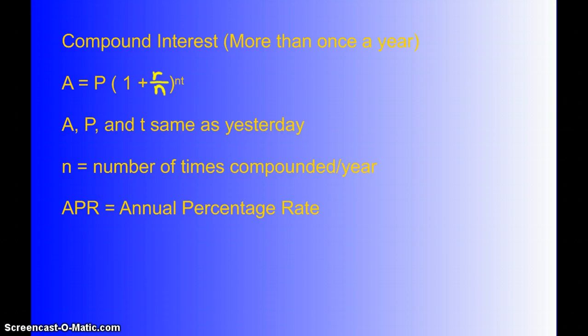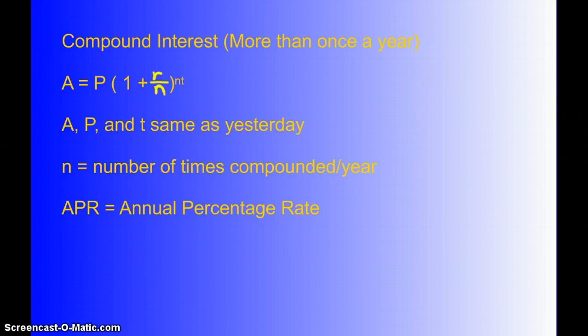And you're going to see the concept of APR a lot in the real world, where you hear this idea of an annual percentage rate. What that means is, if you're getting paid 5% interest, if that's what your account says, or if you're being charged on a loan 5% interest, and they compound it monthly, that doesn't mean they're going to pay you 5% per month.